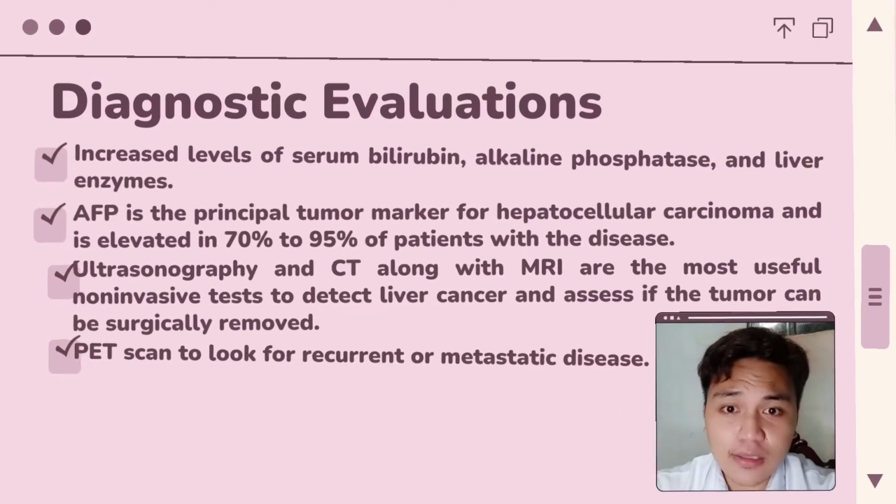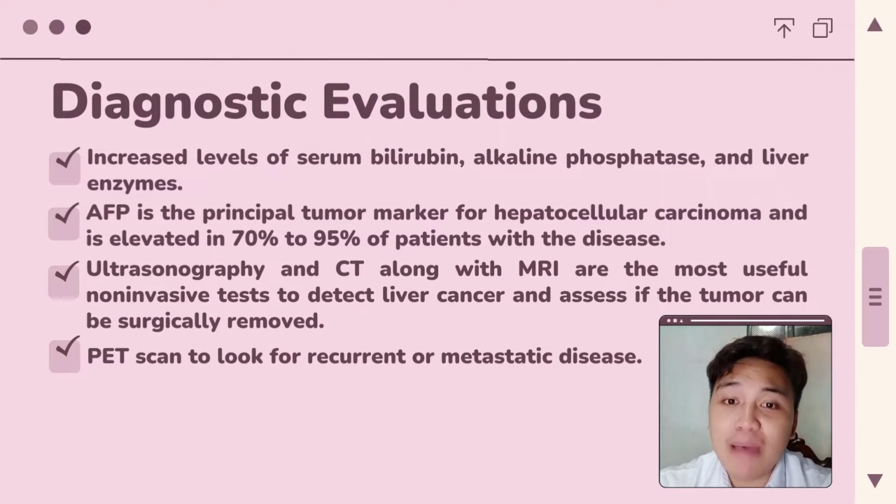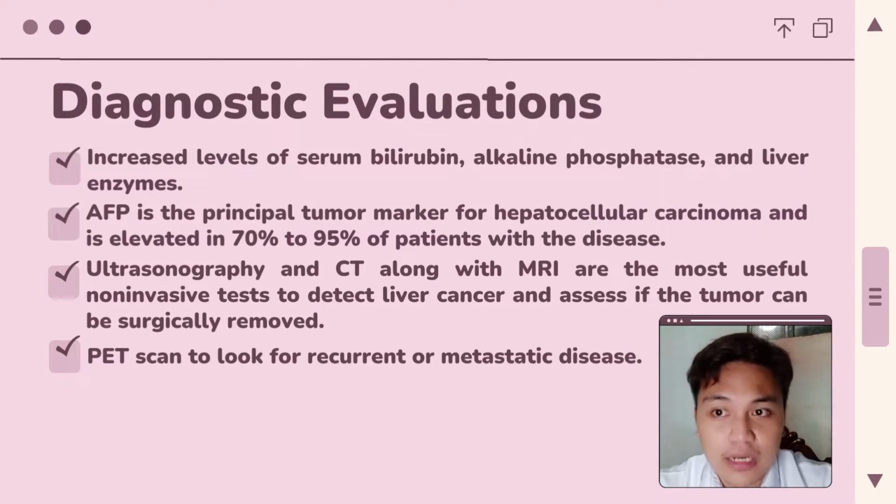Next up are the diagnostic evaluations. Now first, when there is a hepatic cancer, there are increased levels of serum bilirubin, alkaline phosphatase, and liver enzymes. Next, alpha fetoprotein is the principal tumor marker for hepatocellular carcinoma and is elevated in 70% to 95% of patients with the disease.